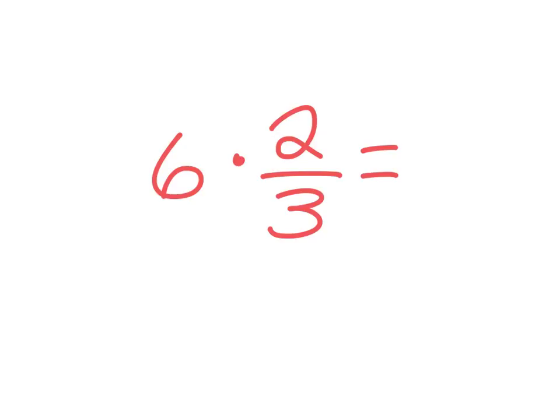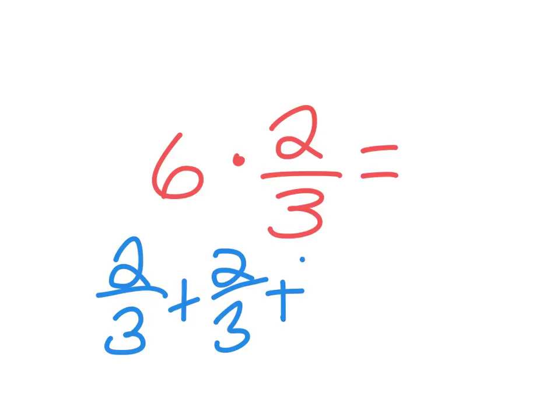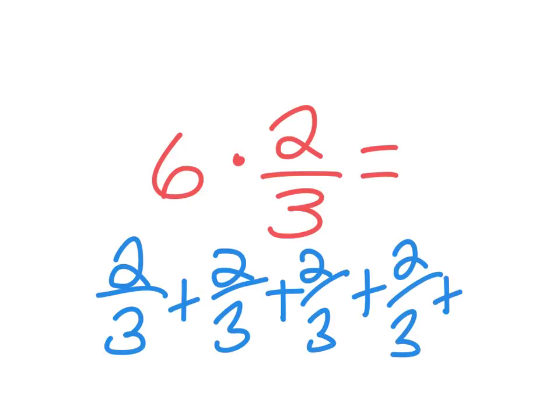Whenever we do multiplication of a whole number times a fraction, what we're saying is that 2/3 is being repeated by itself 6 times. So if you think about it, it's like 2/3 plus 2/3 plus 2/3 plus 2/3 plus 2/3 plus 2/3. Okay, there's our 6 times.